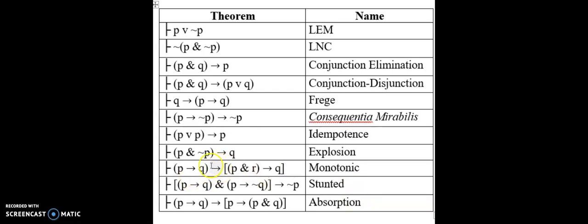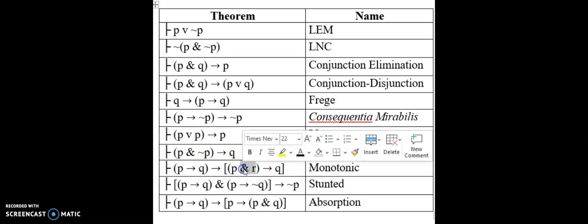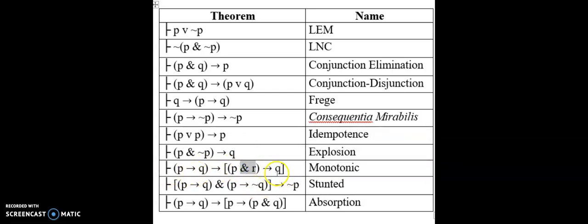This says, provided that a conditional is true, provided that P implies Q, then P along with R will still imply Q. So, in other words, if this thing implies this thing, then when we add any new information, you're still going to get the same implications. Okay? So logic, bivalent logic, is like this. If one thing implies something, then that thing, in addition to anything else, is still going to make the same implication.